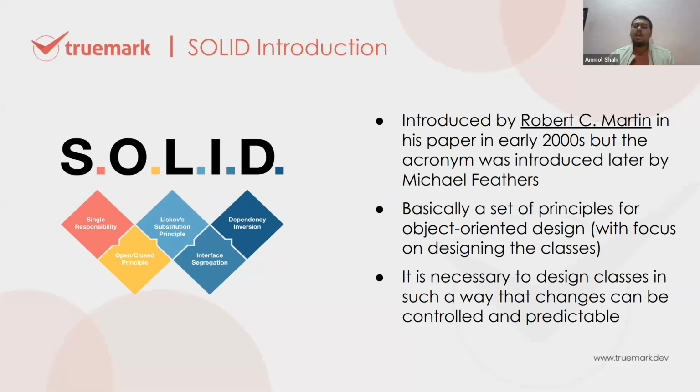Now, why do we need to design our classes? Why not just implement it? Why even bother designing the classes in the first place? To put it simply, it is necessary to design our classes such that our changes can be controlled and are predictable for the most part.